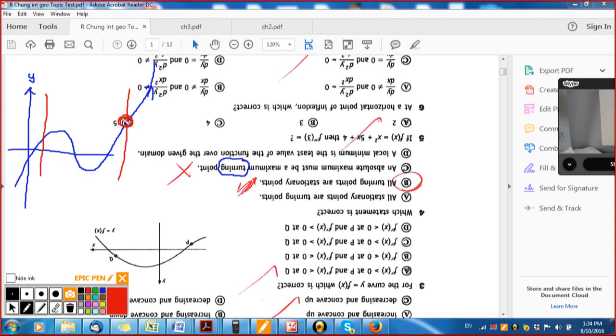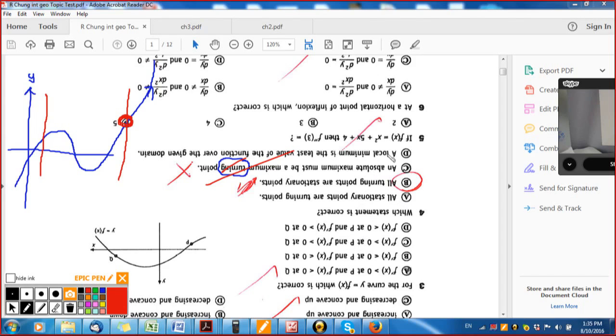That's your absolute maximum. Now let me ask you, is it the maximum turning point? No. It is a maximum, but it's not a turning point. Does that make sense? As far as it being a turning point, no, it's not. So that's why C's wrong.